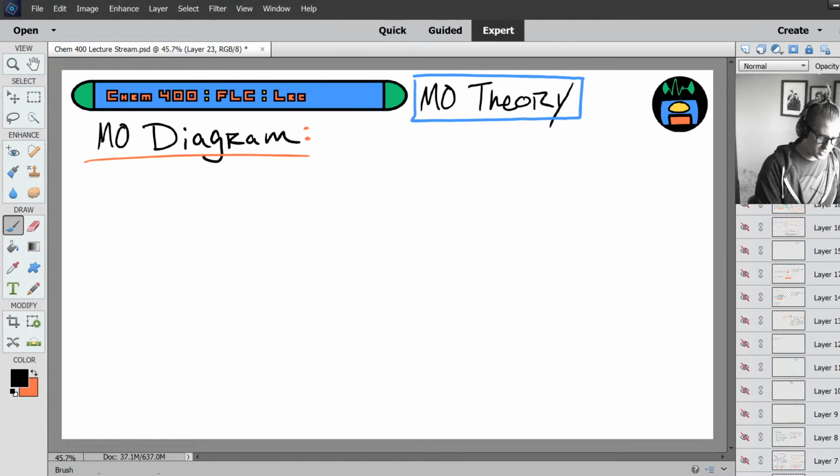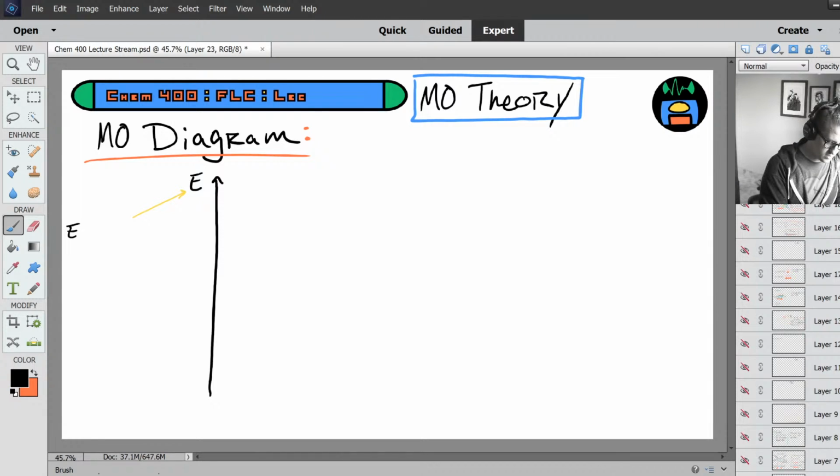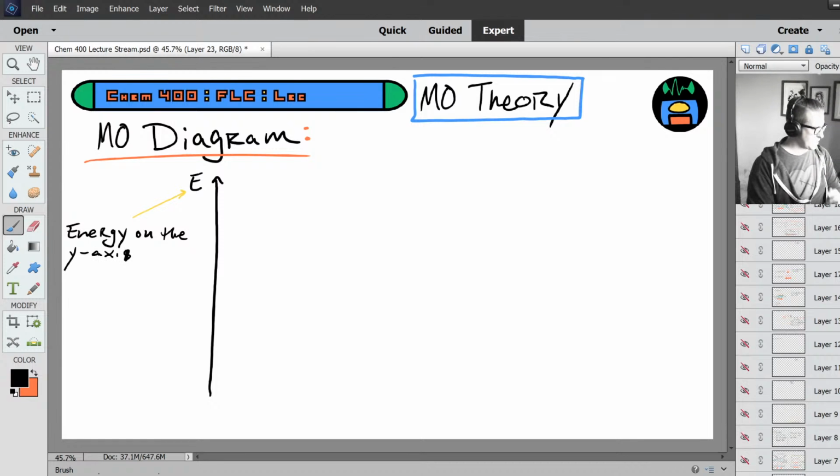Now, in a molecular orbital diagram, you have just one y-axis with energy. Energy on the y-axis. In molecular orbital theory, orbitals are represented by lines.